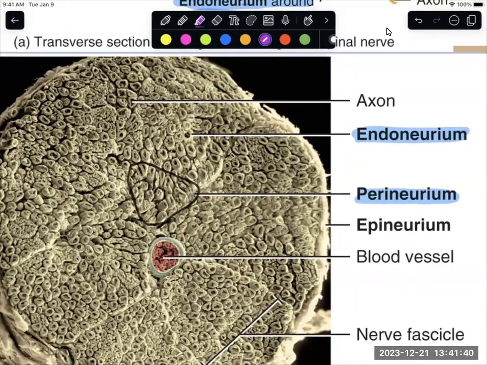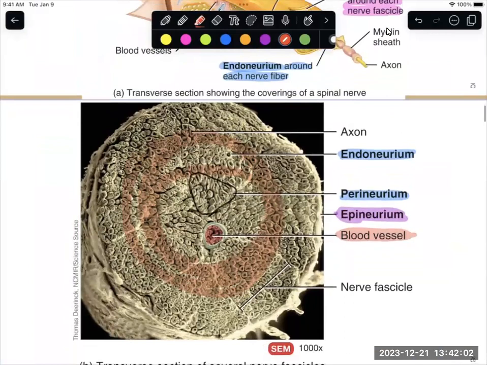And then we have our epineurium that wraps around that entire nerve. We mentioned before there's blood supply inside one of these spinal nerves. Why? All of these axons here, they need nutrients.